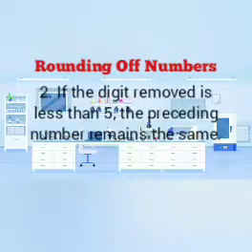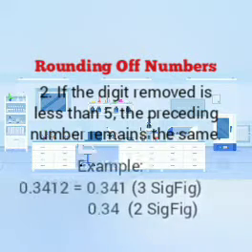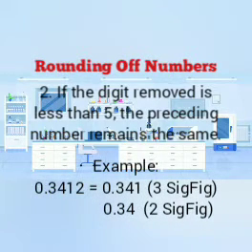Number 2. If the digit removed is less than 5, the preceding number remains the same. Example: 0.3412 becomes 0.341 if you need 3 significant figures, and becomes 0.34 if you only need 2 significant figures.